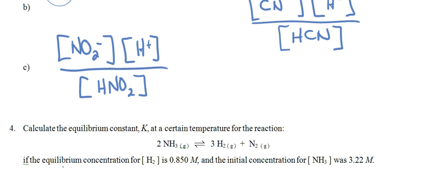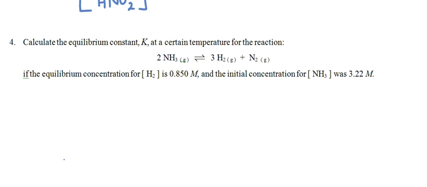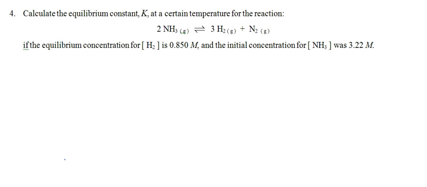Okay. All right, number 4 says calculate the equilibrium constant K at a certain temperature for the reaction. And you'll notice that this is not an acid and base reaction, so I'm kind of tapping into your first semester or the last topic's information.